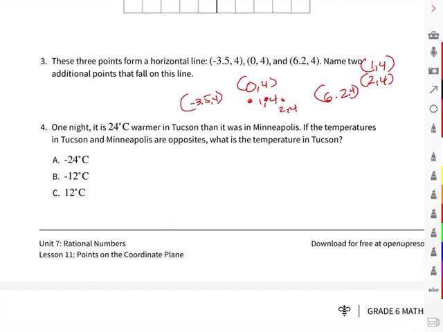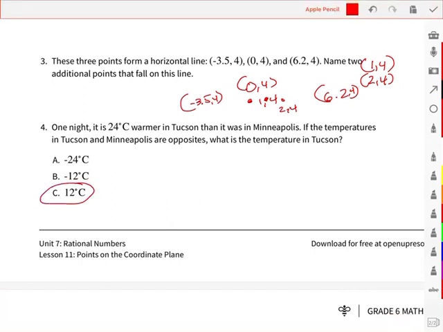Oh, 24 degrees warmer in Tucson than in Minneapolis. If the temperatures are opposites, what is the temperature in Tucson? So it would be 12, because it would be 12, and then -12 is the opposite, and the distance between the two is 24.